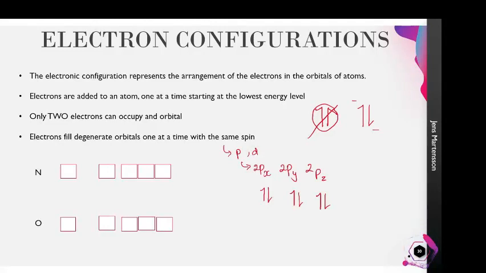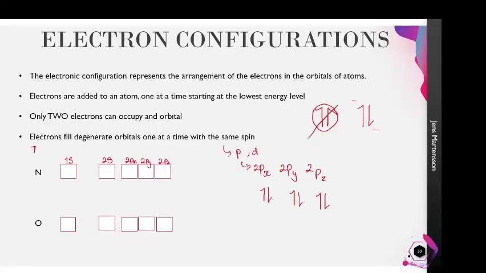The first thing will be to label what we have here: we have our 1s, our 2s, our 2px, our 2py, and our 2pz. It really does not matter in which order you put your x, y, and z, once you fill it correctly. So we have 7 electrons.